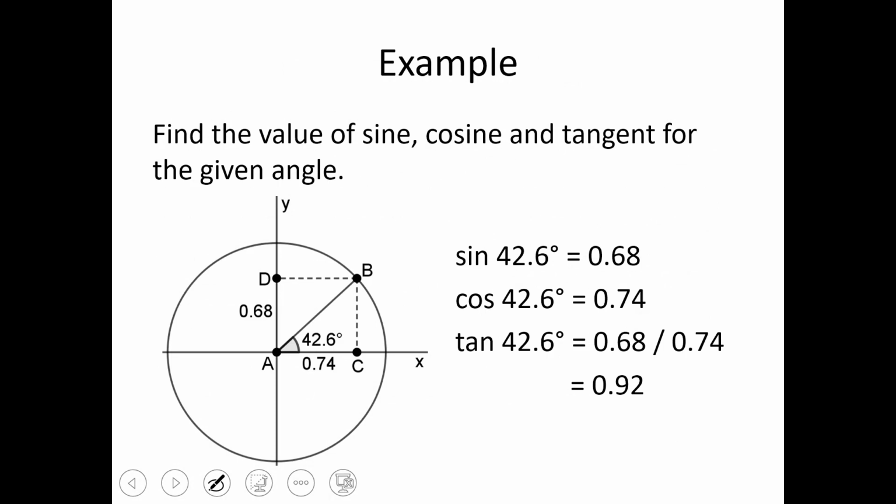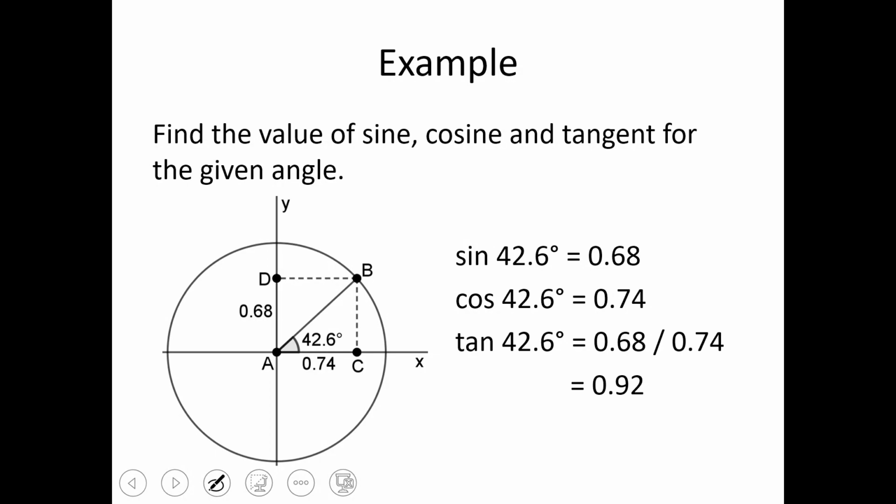Here's an example. You'll actually, on the homework assignment, work with a GeoGebra sketch that will allow you to read values off in the way that I've done here. So we have a measure of alpha, which again is between AB and the positive part of X, so 42.6 degrees. And AD in this case is 0.68 and AC is 0.74.